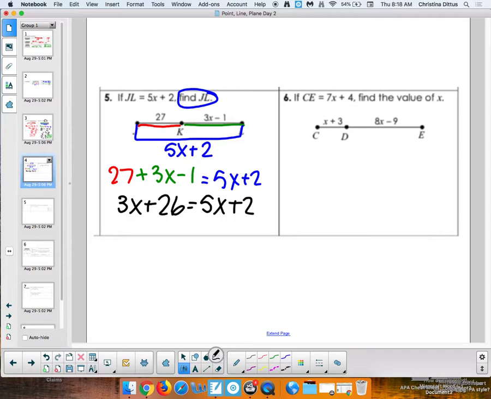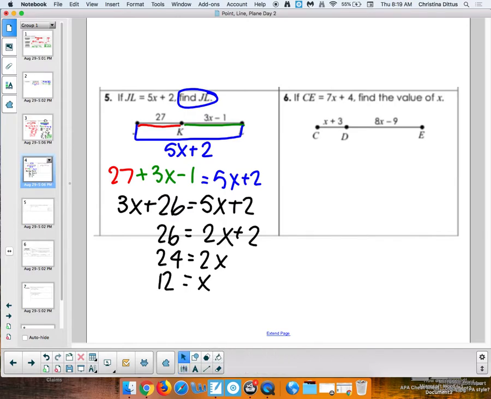Then what should I do? Subtract 3x, good. If I subtract 3x, how much x do I get? 2x. Then what? Subtract 2. What do I get? 24. 2x is 24. Then divide by 2 and x is 12.